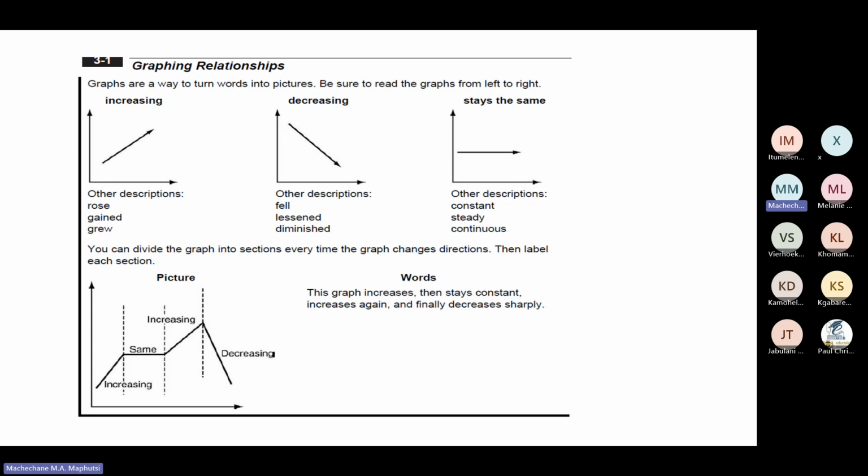But when we move towards the right, you can see the steepness from left to right in an upward direction. So still there, we say the graph is increasing. Then the last part, from left to right, you can see a downward movement, meaning that there is a decreasing movement.